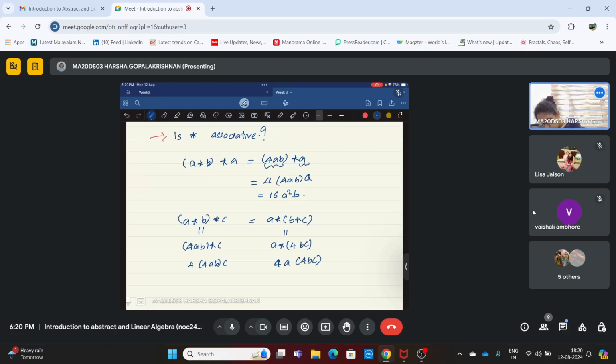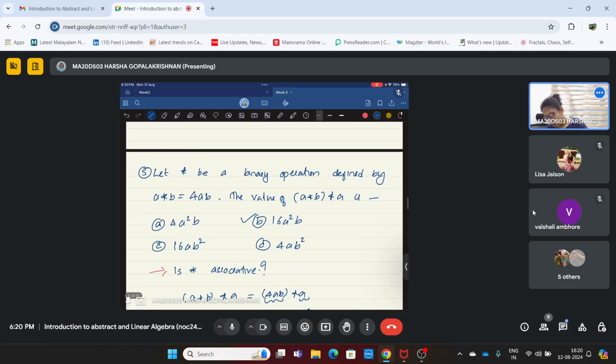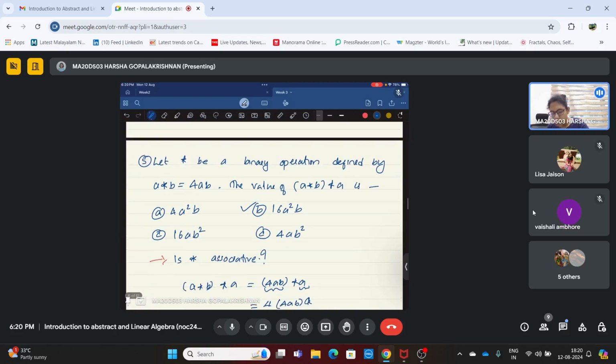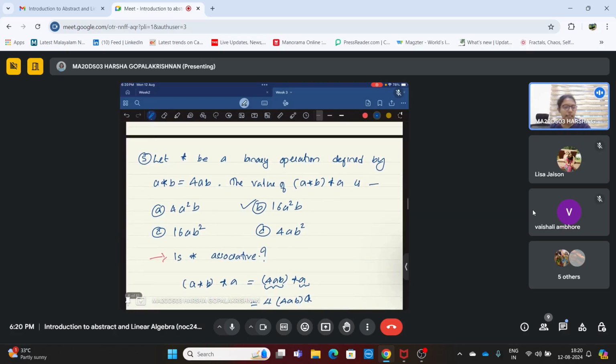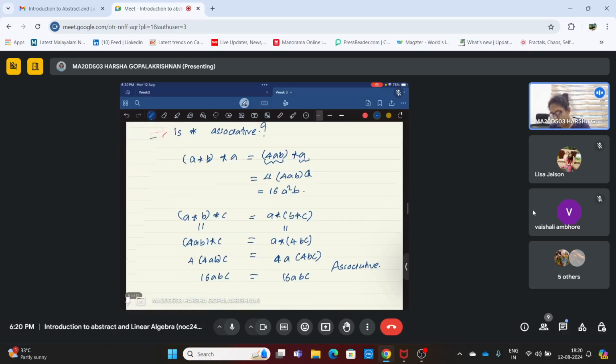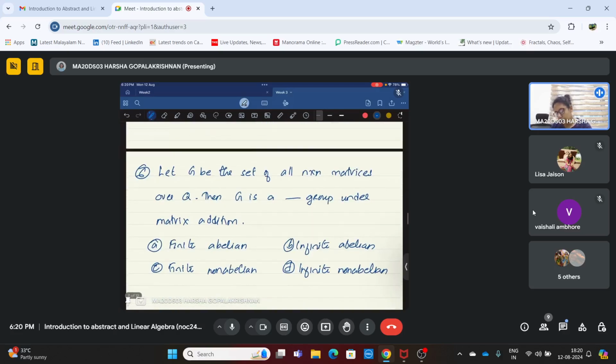So what will we get? 16ABC. Here also it is 16ABC. That's all. So we got everything is actually equal. So we will get that this is associative also. Associative. It will be commutative also, right? You can check that also, commutativity, if you want. It will be commutative also.